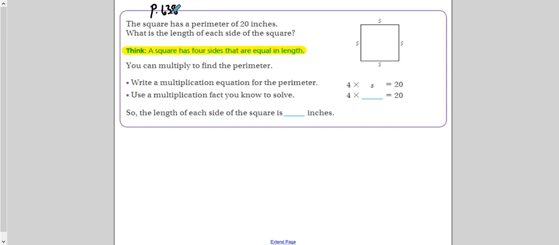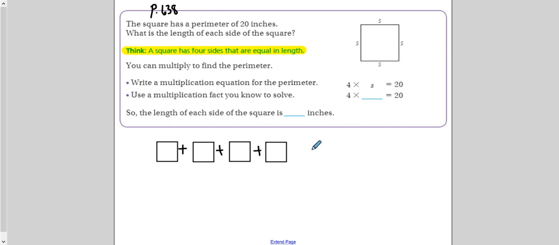Well, what I do know, and I'll go ahead and use squares to indicate the square, is we have 4 numbers that we're going to be adding up. And all 4 of these numbers have to be the same.